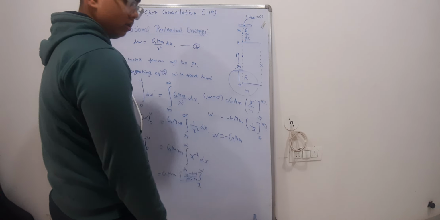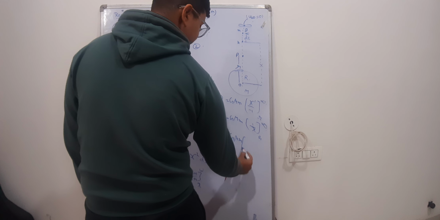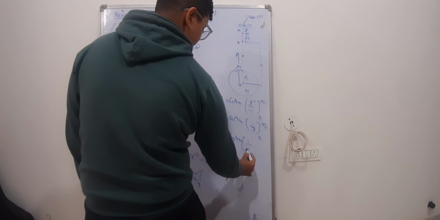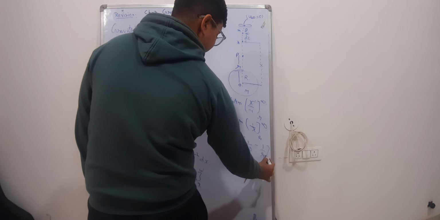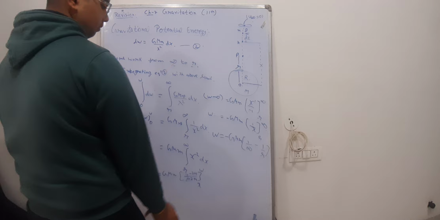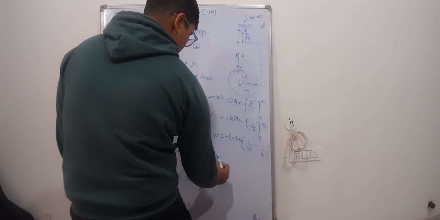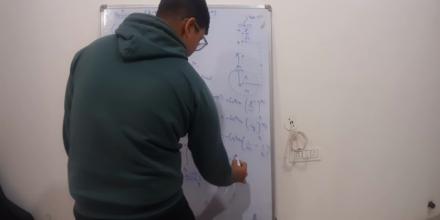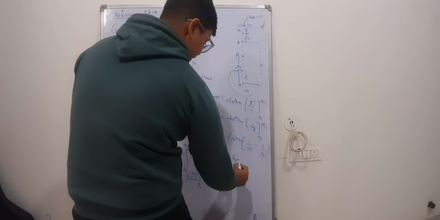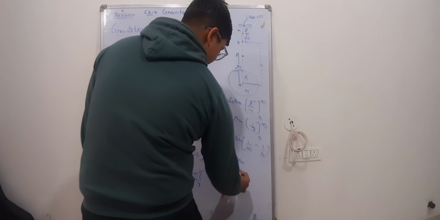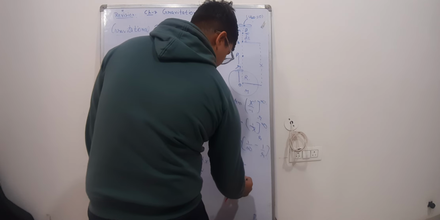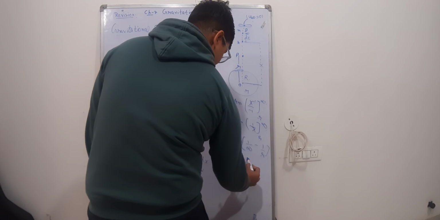Now change the limits, upper limit minus lower limit. So W is equal to minus G M m upon r.